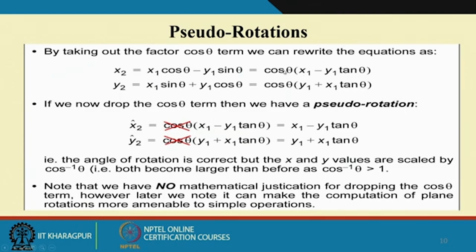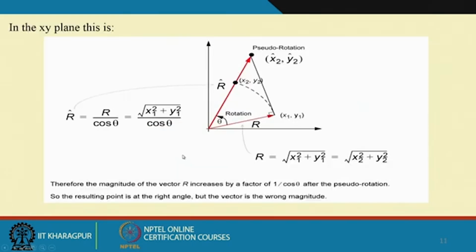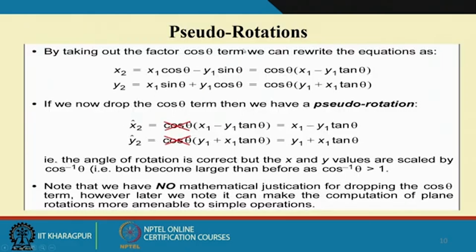Now, if you take cos theta common, it can be written as x1 minus y1 tan theta, and here it will be y1 plus x1 tan theta. Okay. Now we have to calculate this corresponding function of x2 and y2, so how can we calculate? Here we do pseudo rotation.